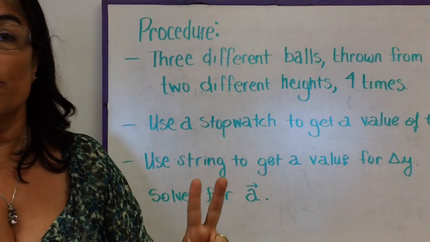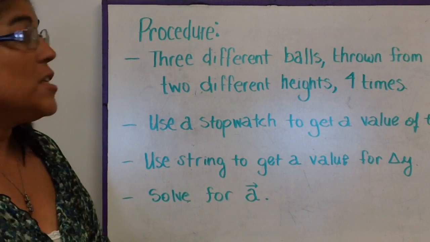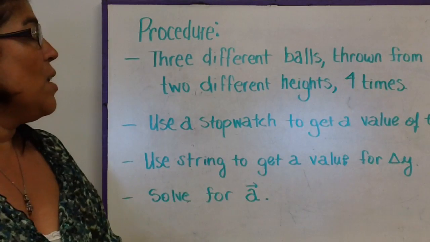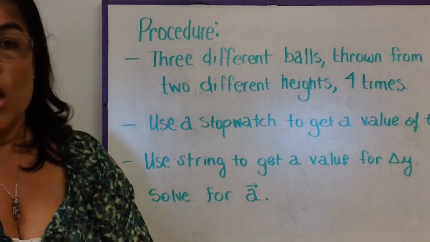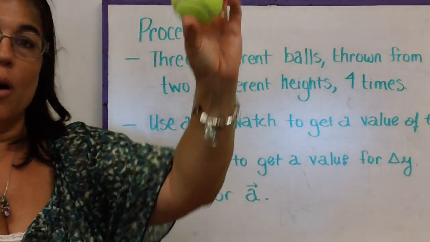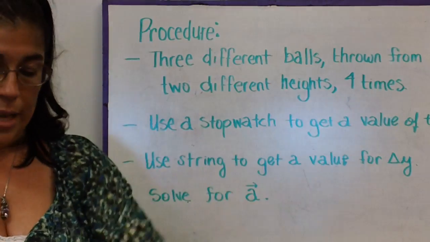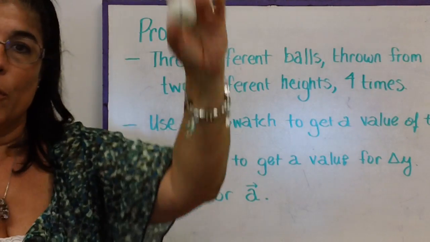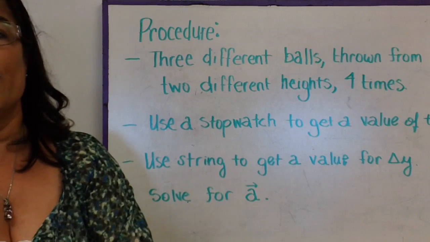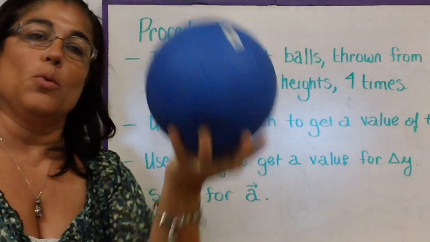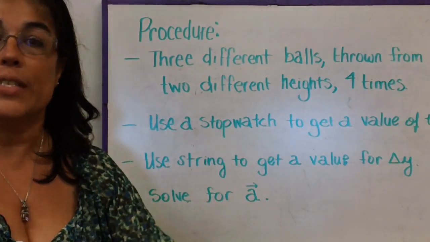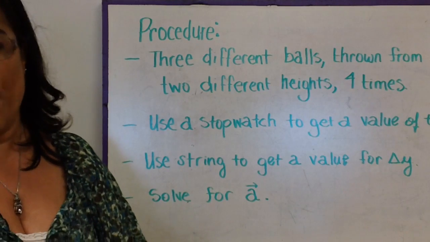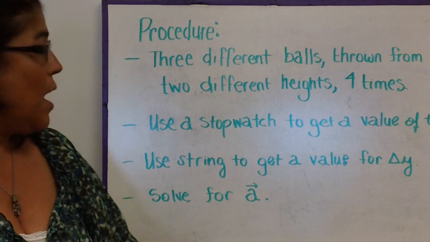We're going to drop all 3 balls and time it 4 times each. So each ball we drop 4 times from the upper ledge, and then we do the same thing at the lower ledge, dropping all 3 balls 4 different times.